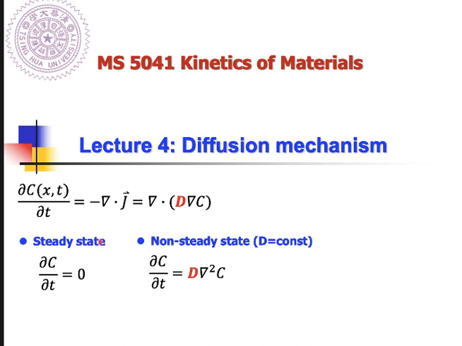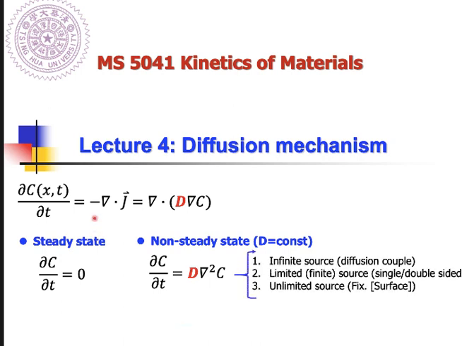no matter whether it's under steady or non-steady state, you try to solve this diffusion equation and get how the concentration of diffusing atoms changes with location and time, right?